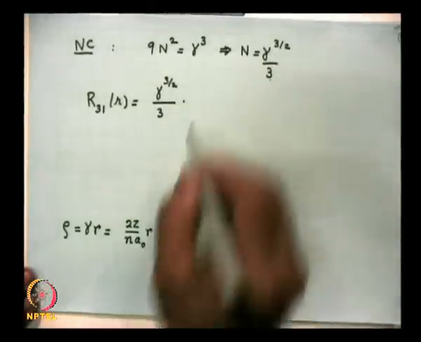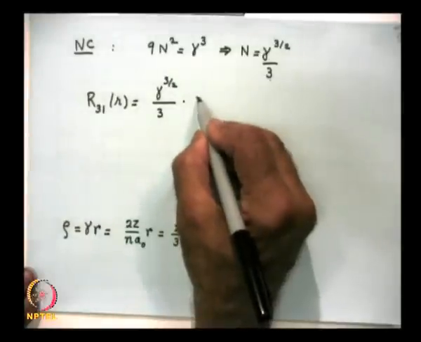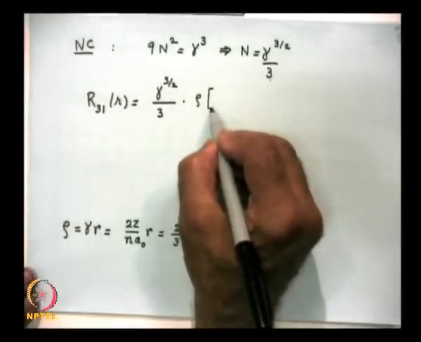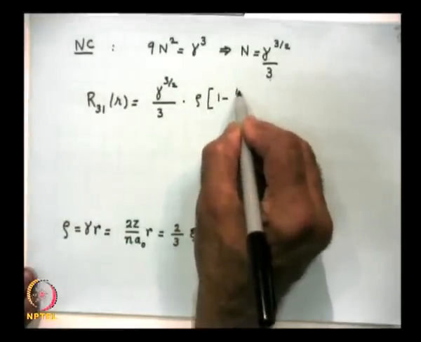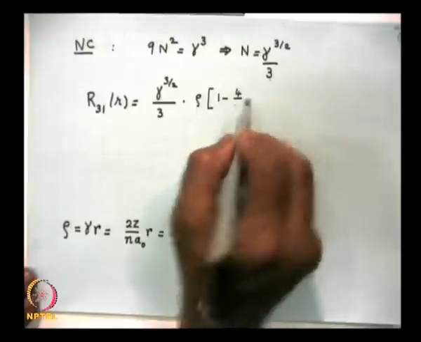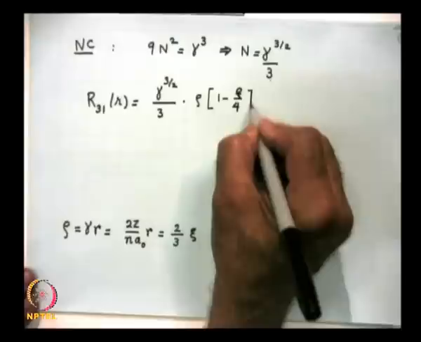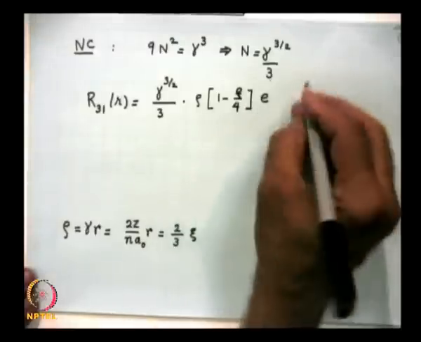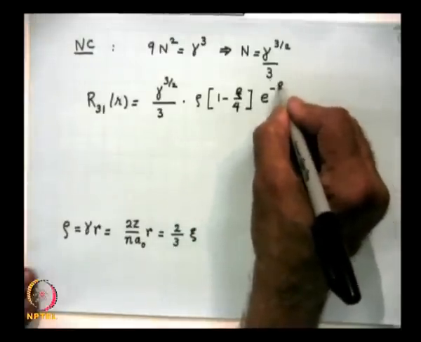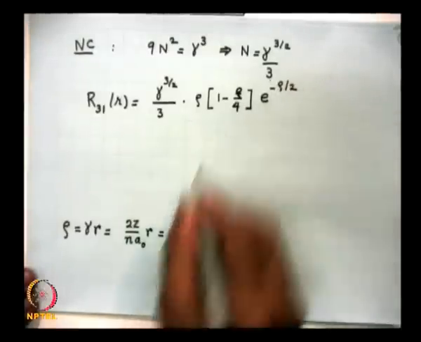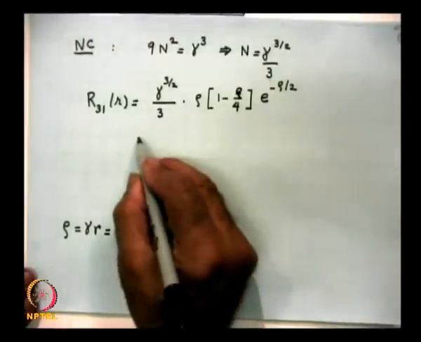So, this will be multiplied by rho into 1 minus rho by 4, e to the power of minus rho by 2. So, the rho is 2 by 3 xi.